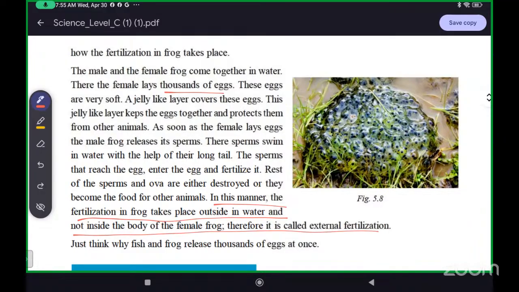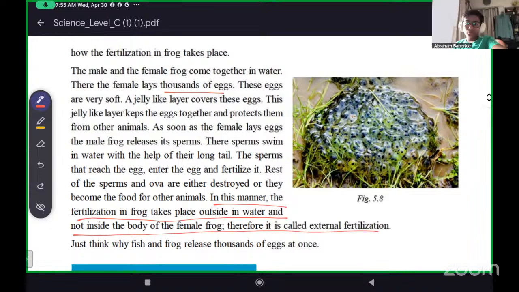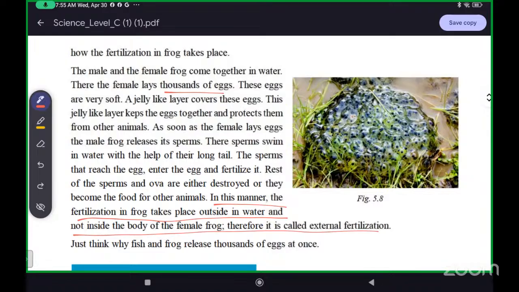Those that fuse with the eggs become a what? A tadpole. Yes, they develop to become a tadpole, and those which are not of use are just left, either destroyed, or other animals eat them.